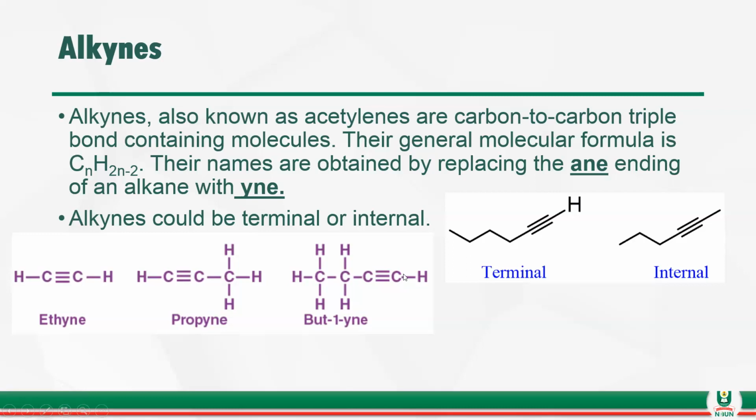And if this bond is weak, then it's going to be acidic, because it will be easy to break the bond to donate a proton. And that is why terminal alkynes are usually acidic. So in terms of acidity, terminal alkynes are more acidic than terminal alkenes, and alkanes actually are not acidic.